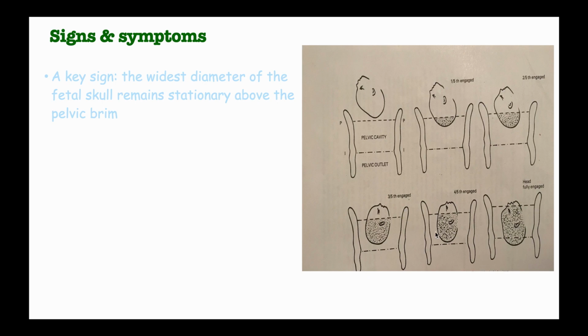This should be the normal process. Now, any problem which causes the fetal head not to descend into the pelvic brim is going to point to an obstructed labor. Now, how can we determine this?